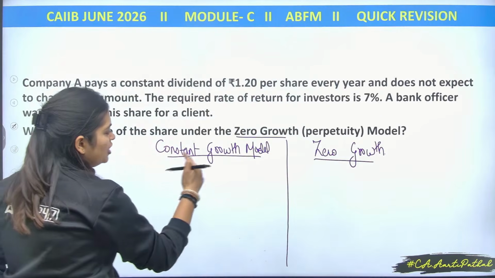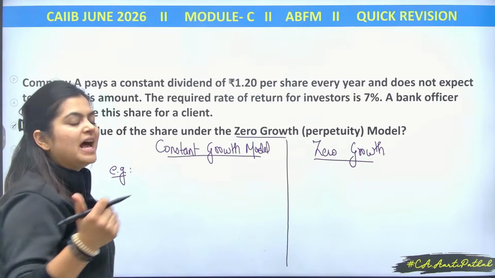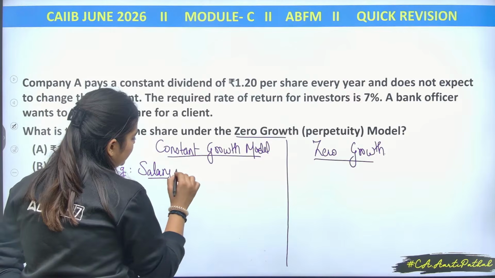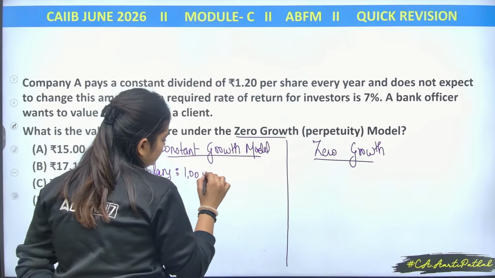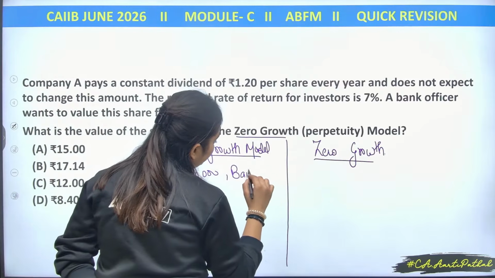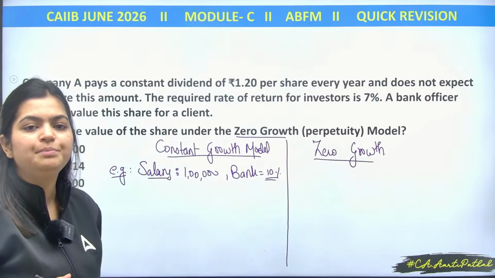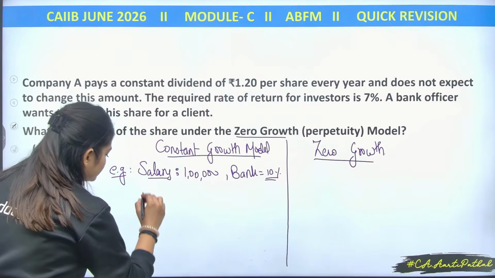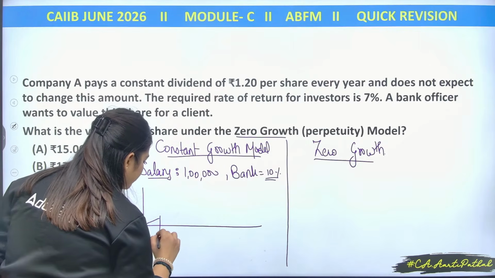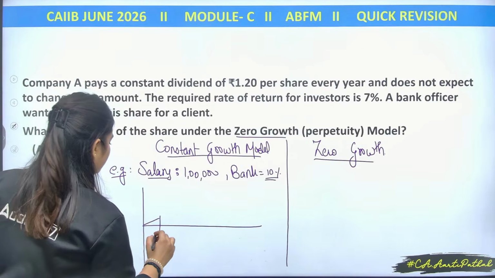So remember, in constant growth model, let's take the example of your salary. Let's say your first year salary is equal to 1 lakh, and the bank says that every year they will give you 10% increment. Means here you will be getting first year 1 lakh.